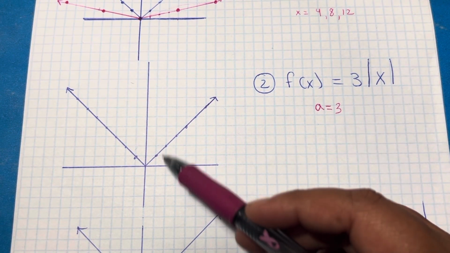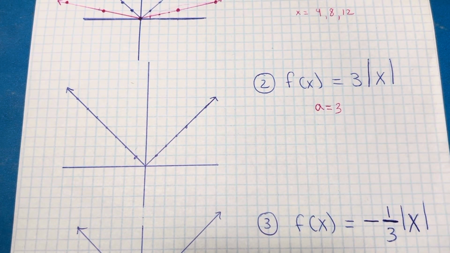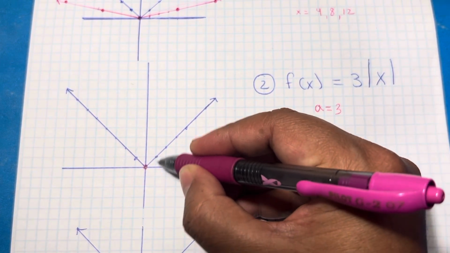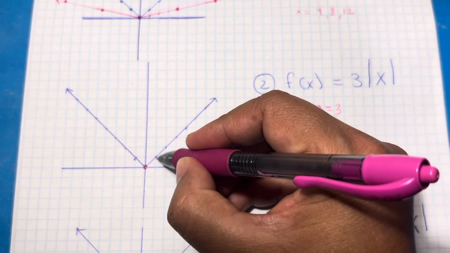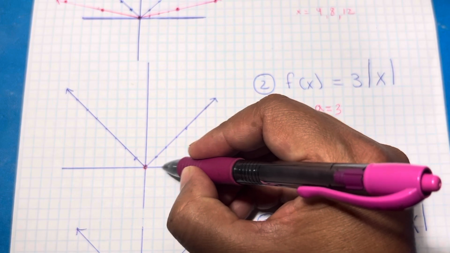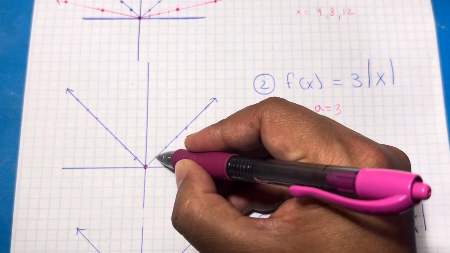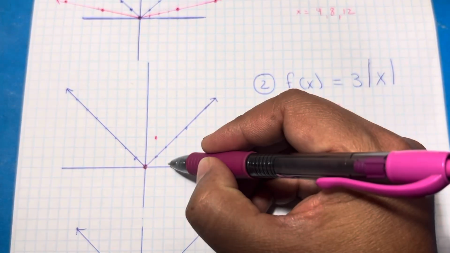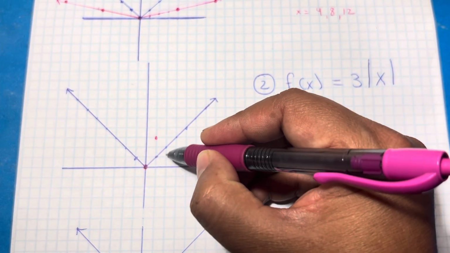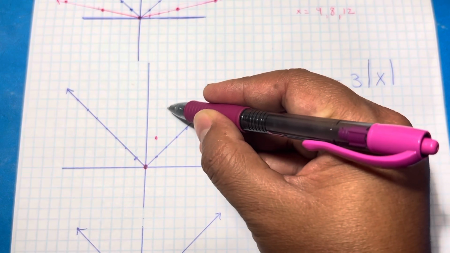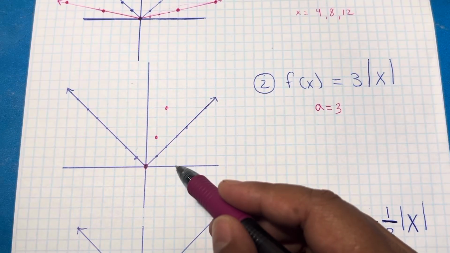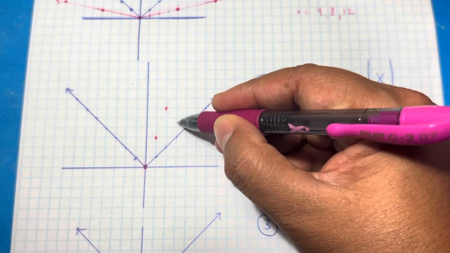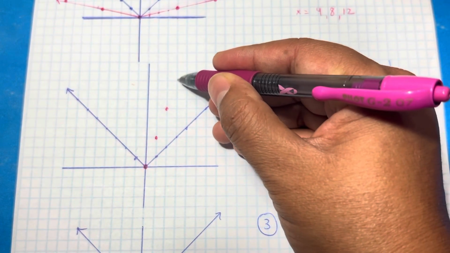Here, take the value of y again and just multiply by that value of a. 0 times 3 is 0. 1 times 3 is 3, and we start counting from the line all the time, so 1, 2, 3. 2 times 3 is 6, so 1, 2, 3, 4, 5, 6. 3 times 3 is 9, so we start counting 1, 2, 3, 4, 5, 6, 7, 8, 9.